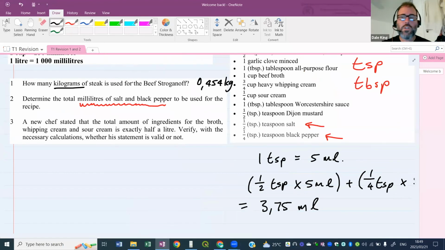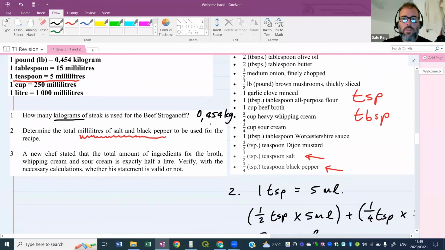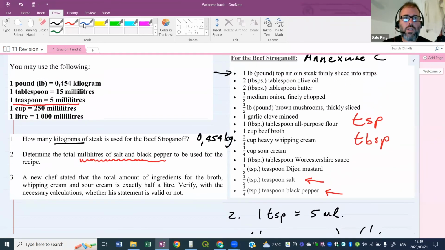All right, let's have a look at question 3. This one seems to be a little bit more challenging, but let's have a look. Question 3 says, a new chef stated that the total amount of ingredients for the broth, whipping cream, and sour cream is exactly half a liter.